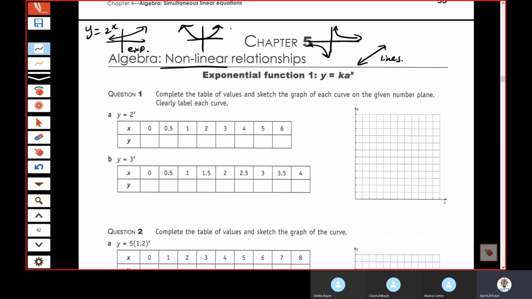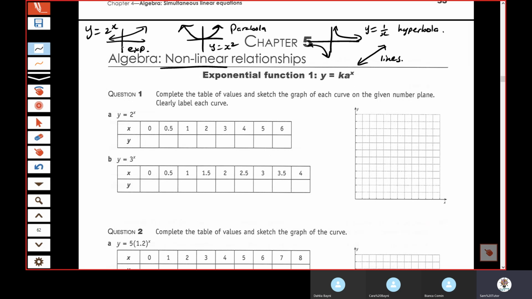Maybe you should write all three down. Because if you know that, it will save you a lot of time asking me how do you know that was a hyperbola? Because I'm just going to say, well, that is a hyperbola because it's the name of a hyperbola. So it's better to just memorize it.